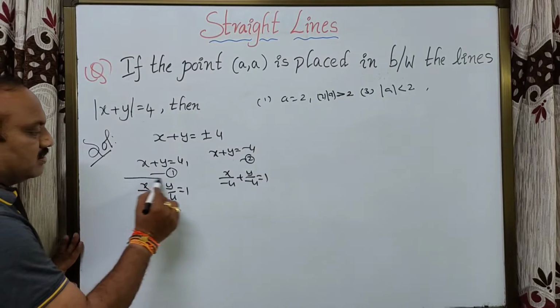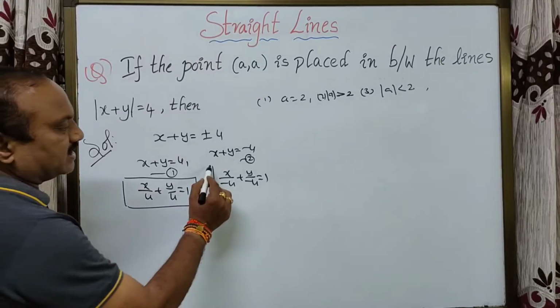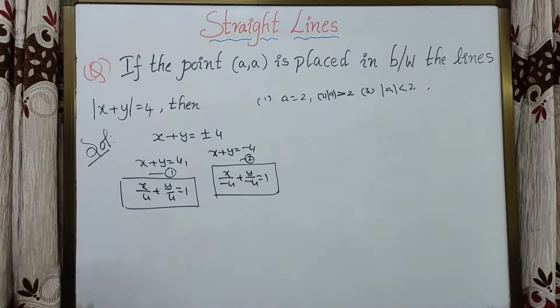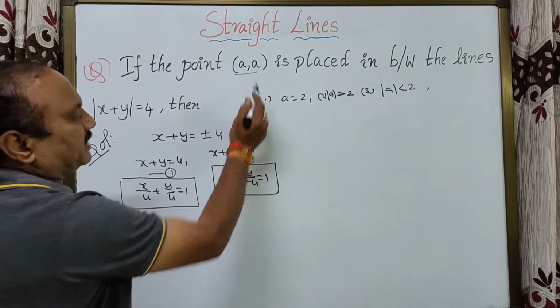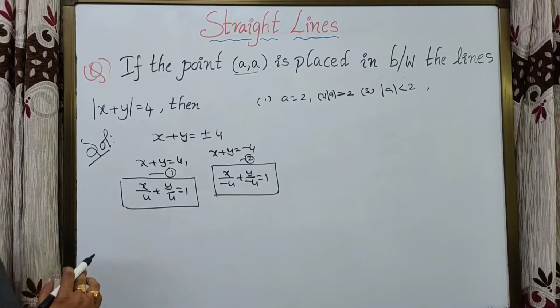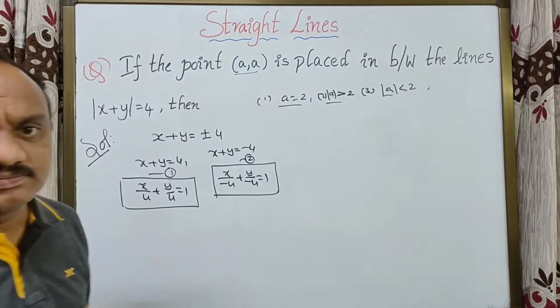So this is the line with x-intercept 4, y-intercept 4. This is another line with x-intercept -4, y-intercept -4. This point (a, a) is placed in between these two lines. Then you want the value of a.